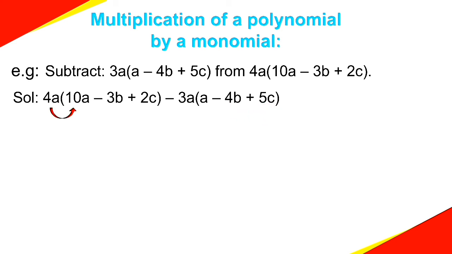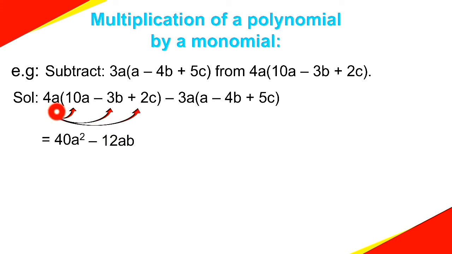Now we are going to solve 4a into 10a. First multiply the constant terms. 4 tens are 40. a into a, a power 1, a power 1, can be written as a power 2. Right? The next one is 4a into 3b. It can be written as minus 4 3s are 12ab.